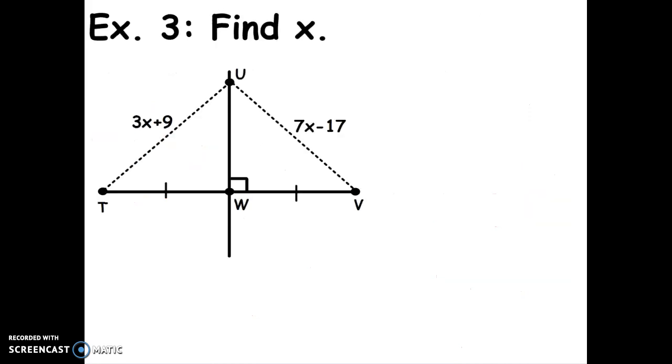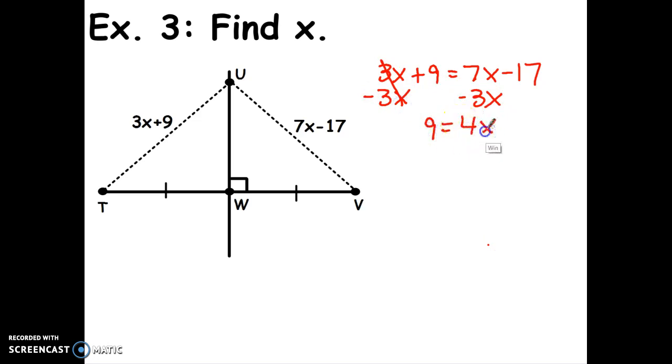Example 3. To find X, we'll simply set these two line segments equal to each other. So 3X plus 9 equals 7X minus 17. Subtract 3X on both sides. 9 equals 4X minus 17.